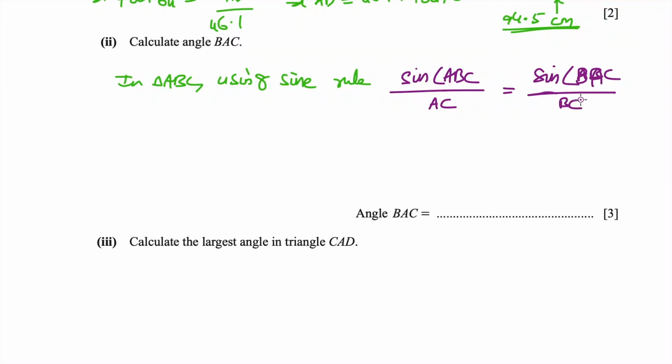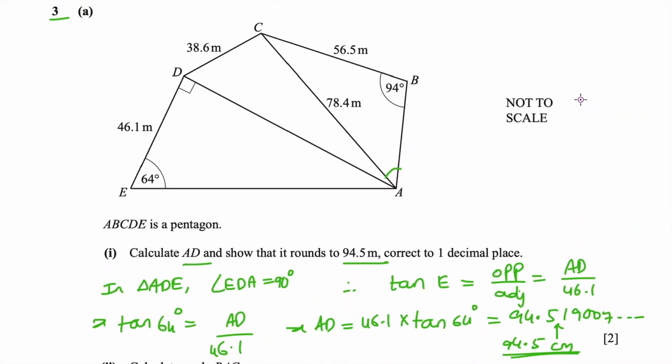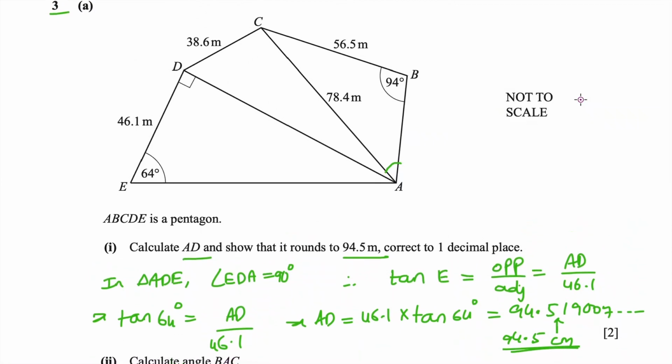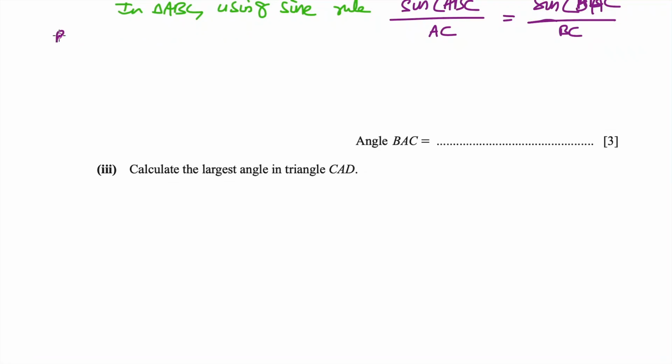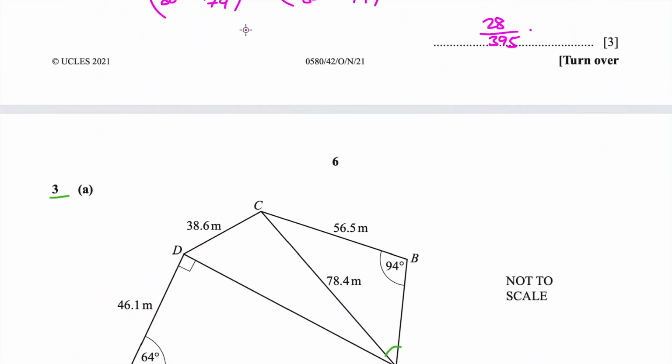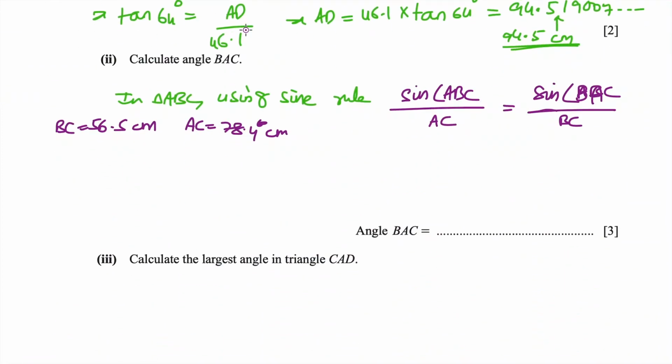And what are the angles that we know? We know that BC is equal to 56.5, AC is equal to 78.4. And which angle do we know? We know angle B is equal to 94 degrees.